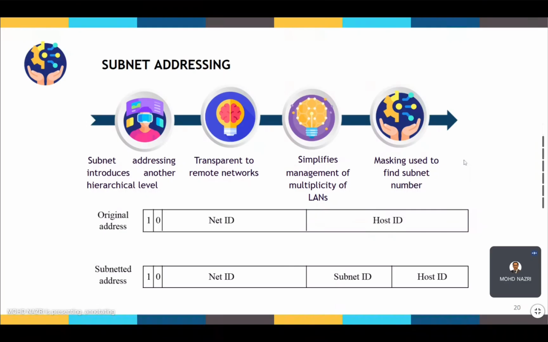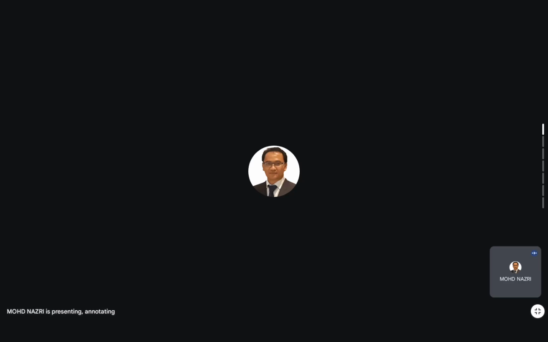Basically, for 10, you have a network ID and host ID, and after you subnet, it becomes the 10 network ID, and the host part is divided into subnet ID and host ID.